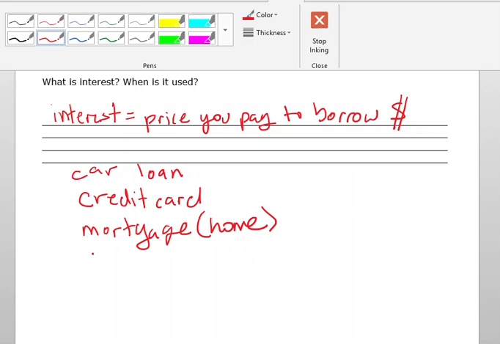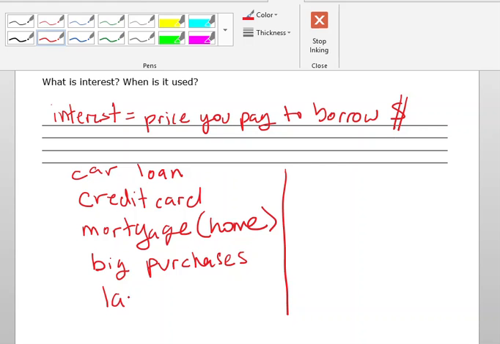Okay. Other bigger purchases. Or even small purchases. Sometimes you might put a small purchase, sorry, I had a little brain fart there, a small purchase on layaway.